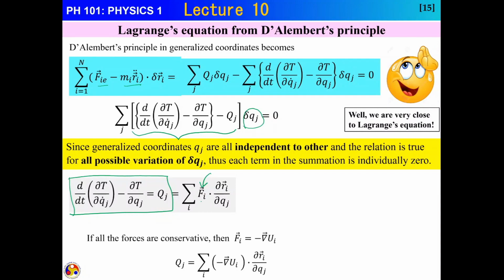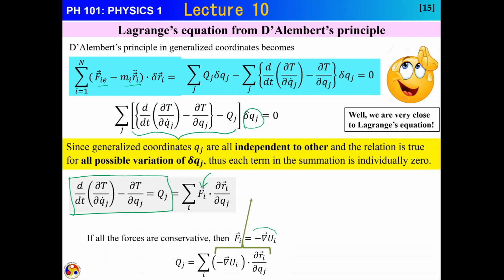So in place of Fi, now we are bringing in the generalized form of minus del U, assuming the forces are conservative. So now the generalized force comes in as minus del Ui dot the partial derivative of r with respect to q. And anyway, we all know this del is the del function, this is the potential energy U, so it also has xyz components, and r is defined, so we can now simplify this term effectively.